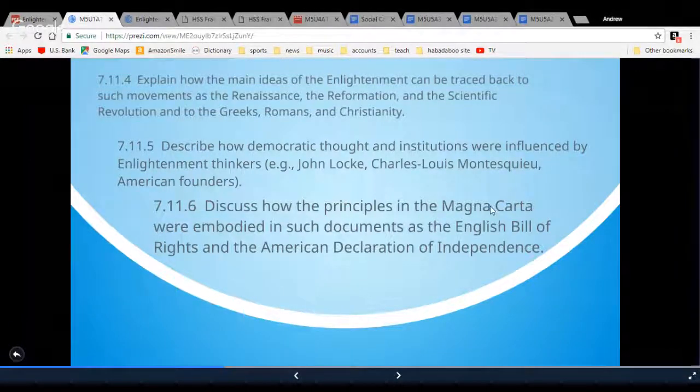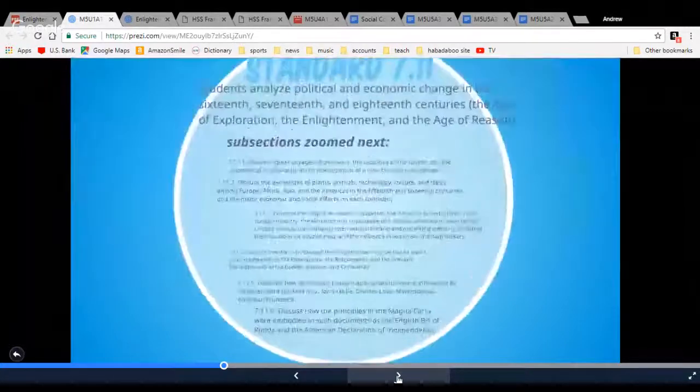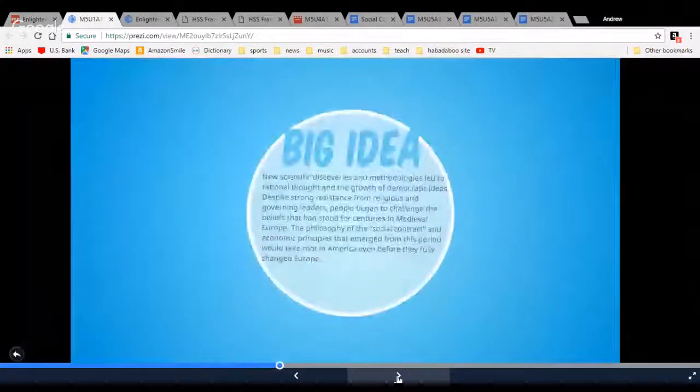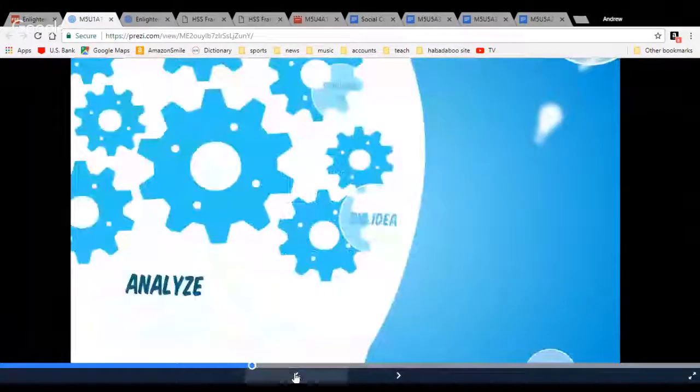I'm talking about the Magna Carta and stuff. For 7th grade, that's going to have to be de-emphasized. I did get it in here.